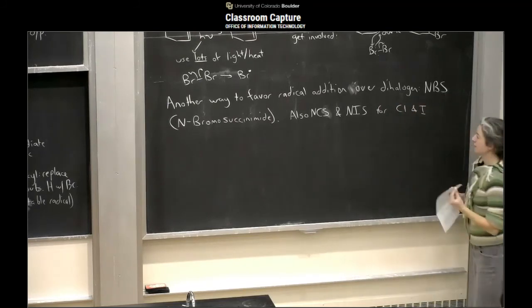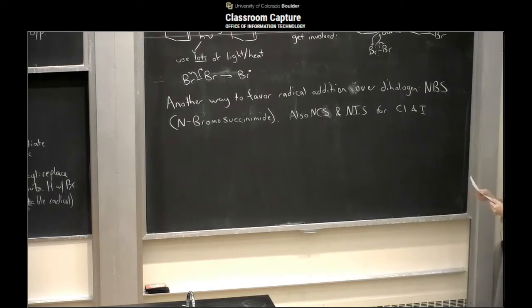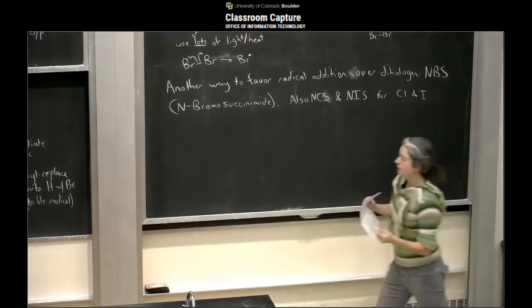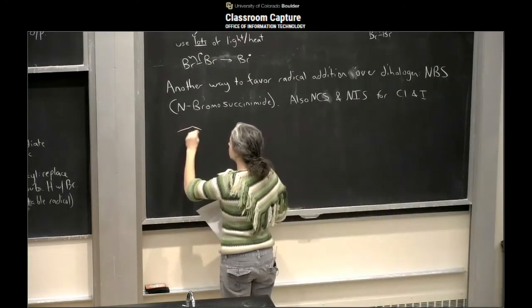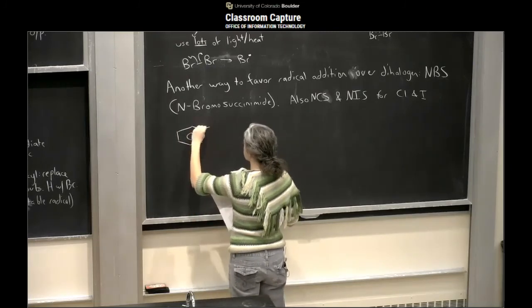But NBS is by far the most commonly used. So what this looks like is, and you don't need to know the structure of this, but just in case you're curious.